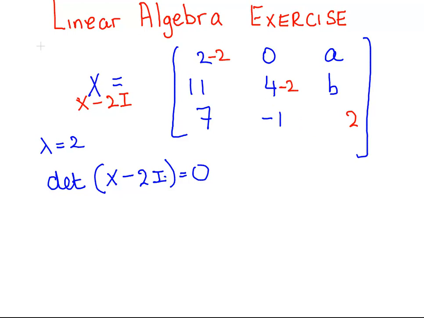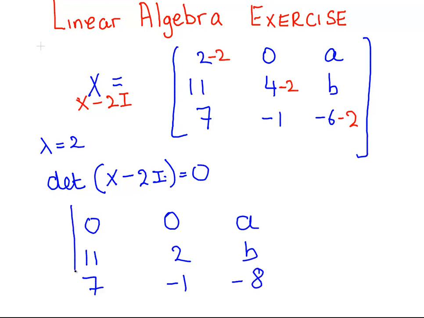It's minus 6 minus 2. Okay, let's write that out again. So that's 0, 0, A, 11, 2, B, 7, minus 1, minus 8. And what we have to do is find the determinant of that, and the determinant is going to be equal to 0.